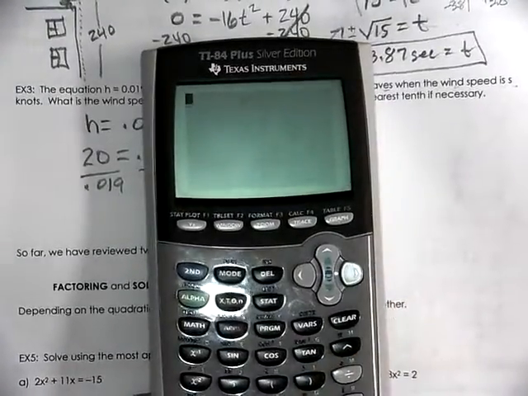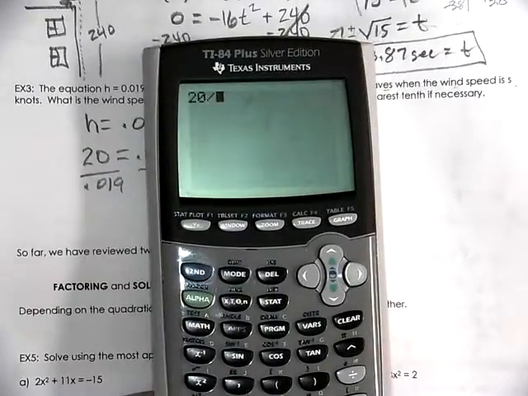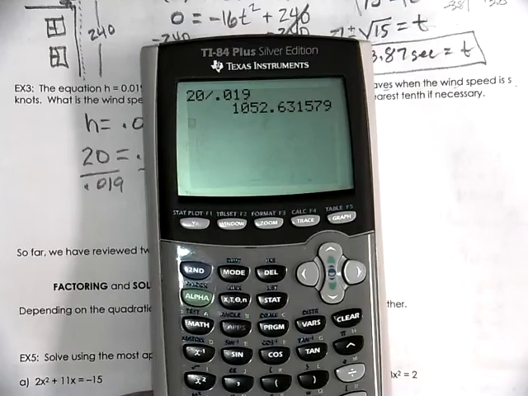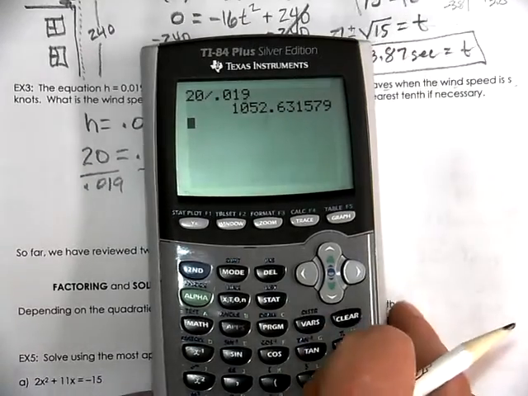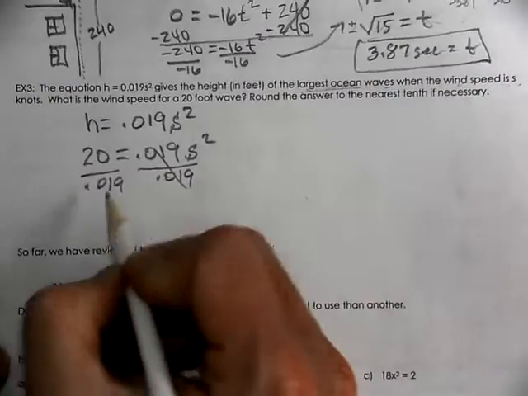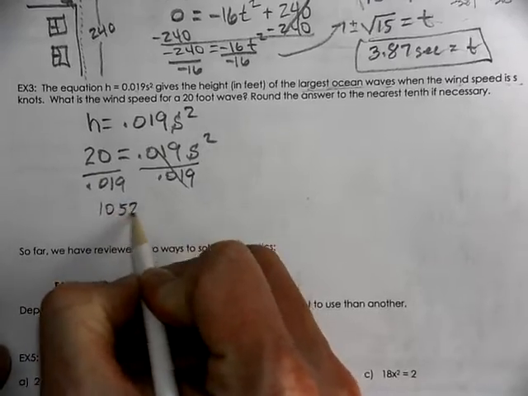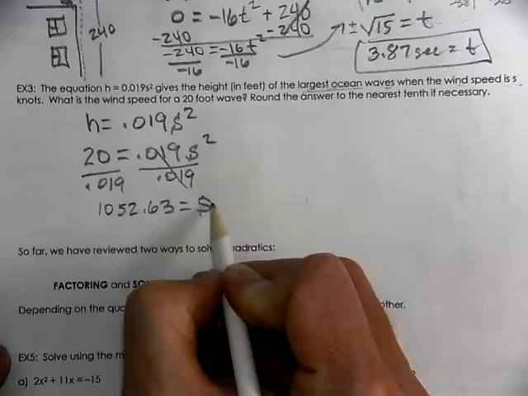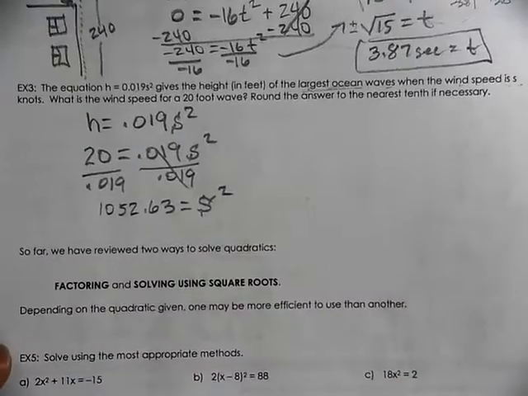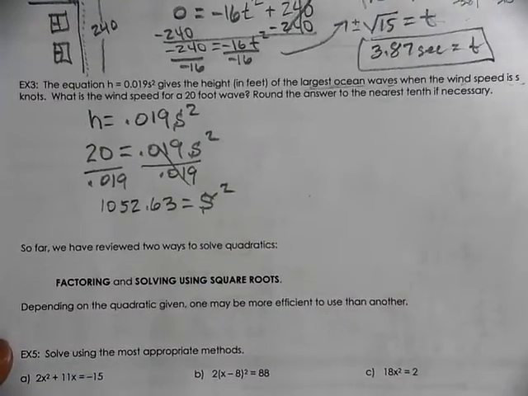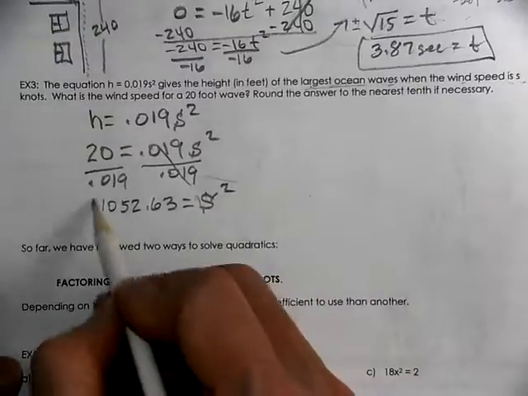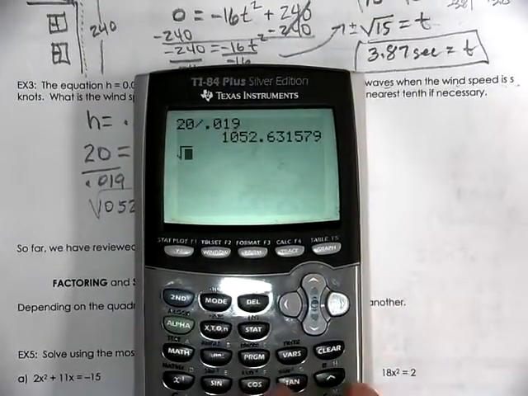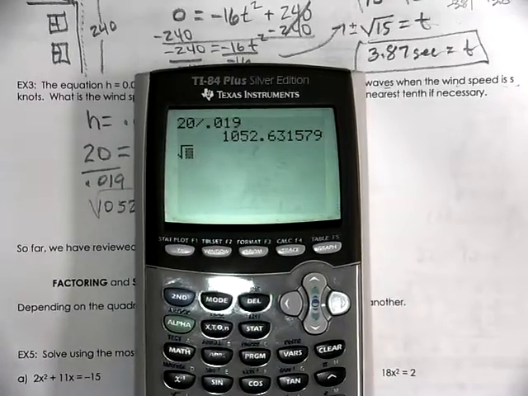And to do that, we would use our calculator. 20 divided by 0.019, and that gives us 1052.63. That's s squared. And then we can take the square root of both sides. So we take the square root of our answer.